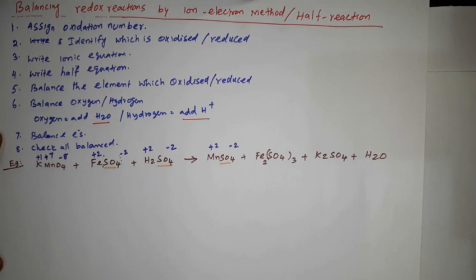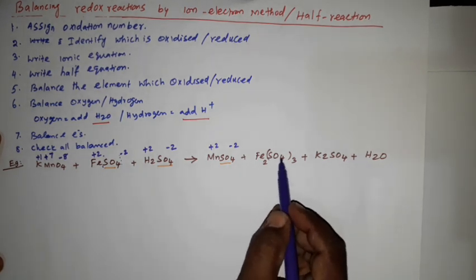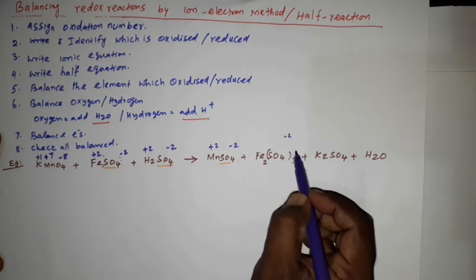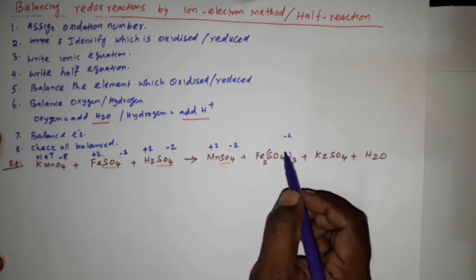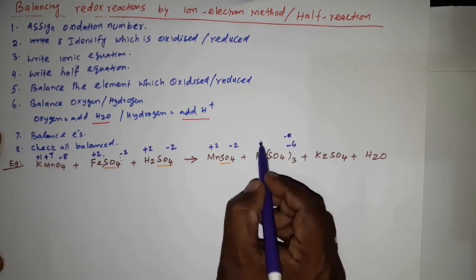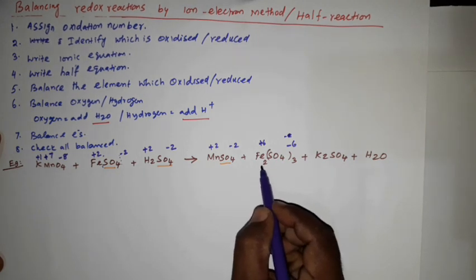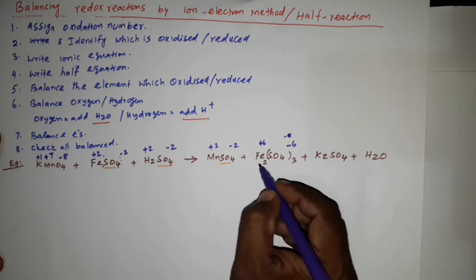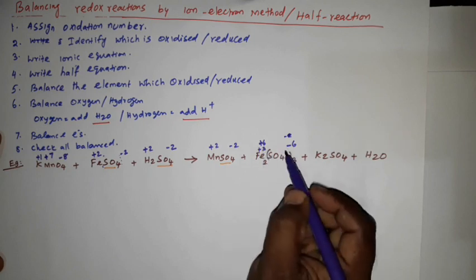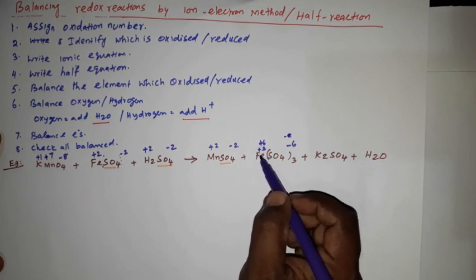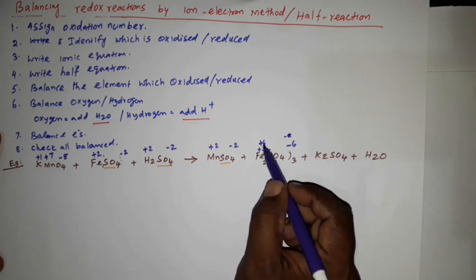Next, for 1 SO4 we get -2. There are 3 sulfate ions, so it becomes -6. Here it will be +6, and there are 2 iron atoms, so for 1 iron atom it becomes +3. The oxidation number for 1 iron is +3, so with 2 iron atoms it becomes +6.